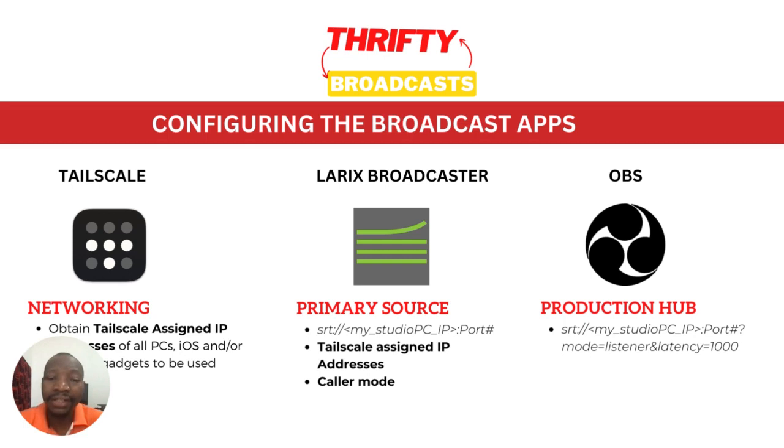And this IP address should be the one that has been granted through Tailscale. And you're going to put the port number, the very port number that you have chosen in the Larix Broadcaster setup. Once you do that, you will need to note that at the end of the port number, you will need to put a question mark, mode=listener.